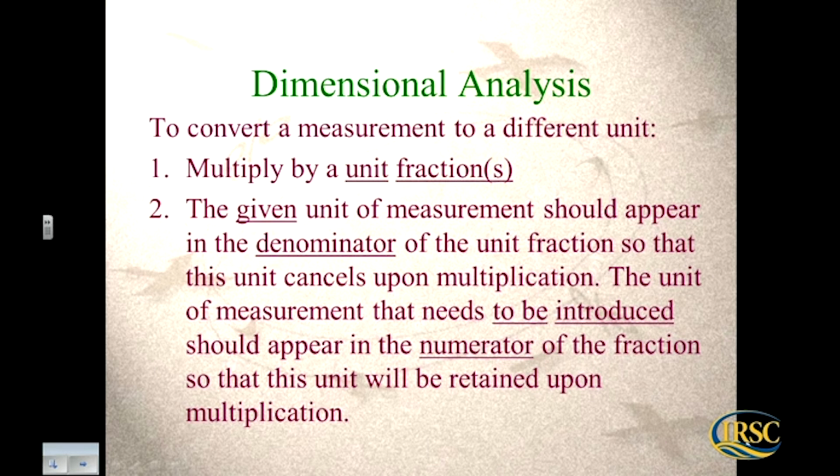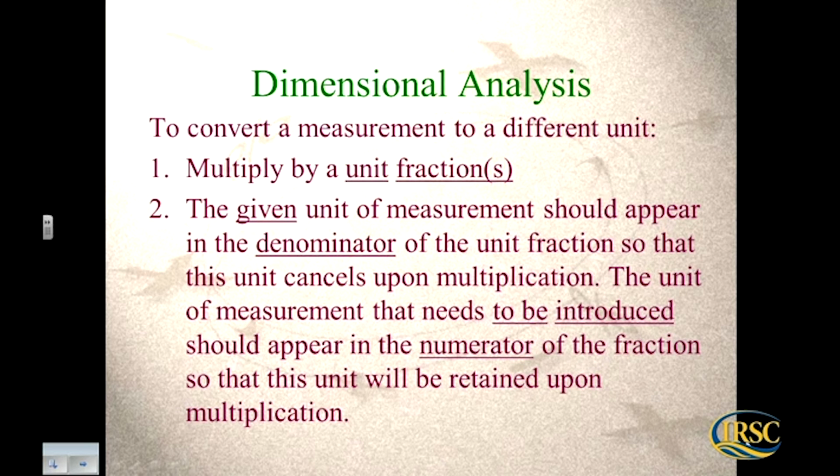So in the last one, it was 7 feet to inches. Since feet was what was given, to create our unit fraction we would put feet in the denominator. We needed to introduce inches, so inches would be in the numerator. So it would be 12 inches over 1 foot, and that would be our unit fraction.